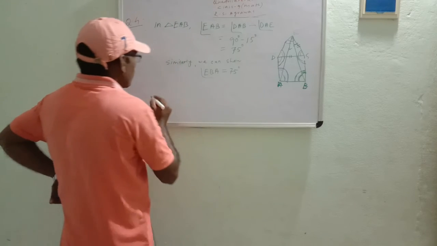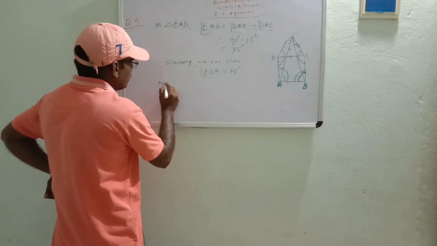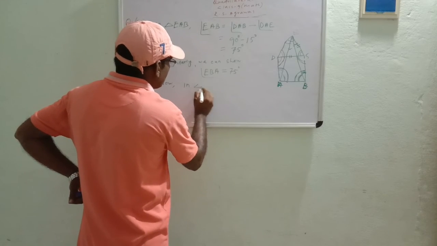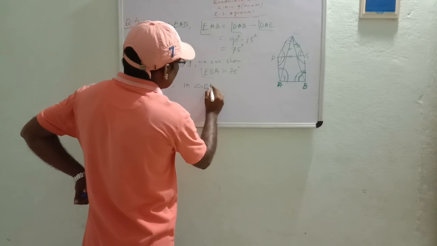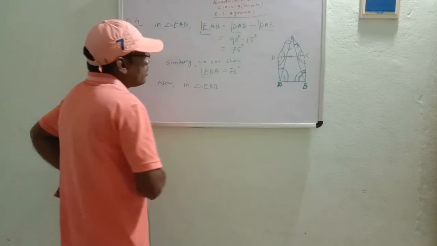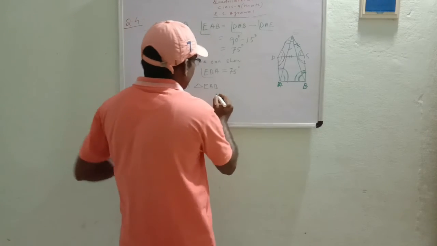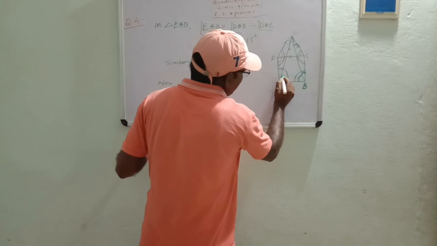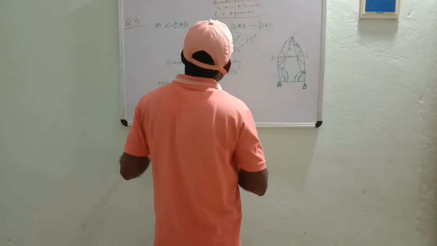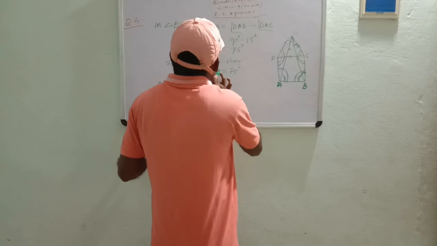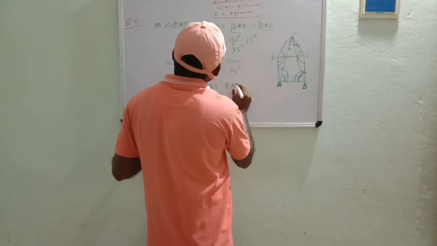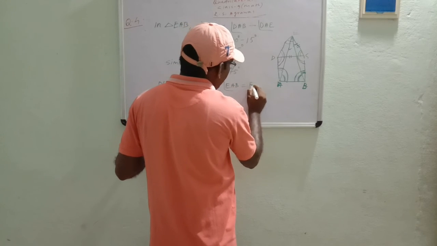Now in triangle EAB, angle EAB equal to angle EBA.